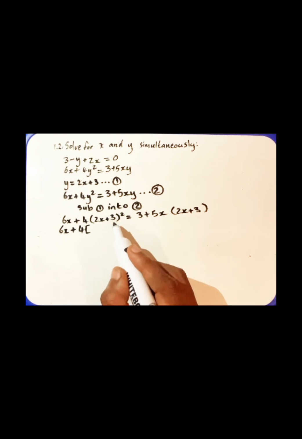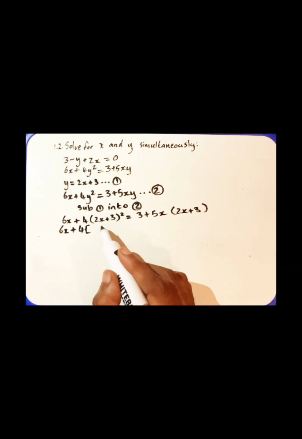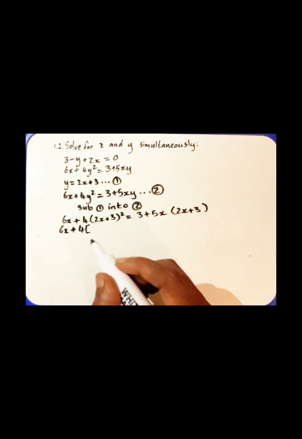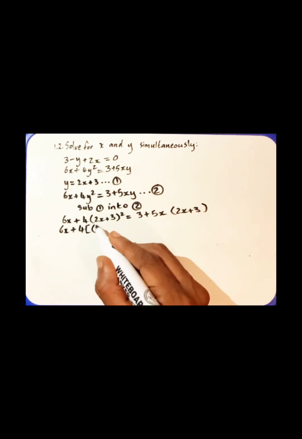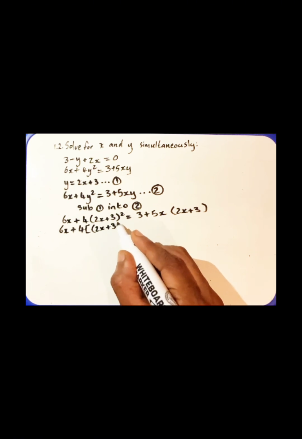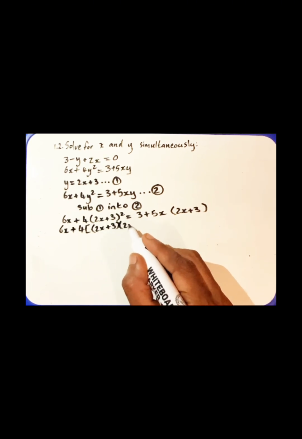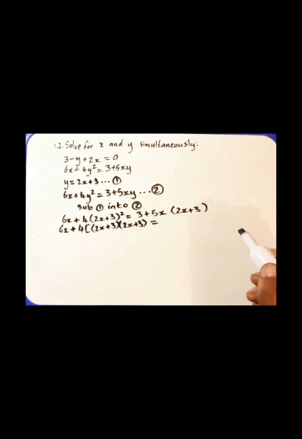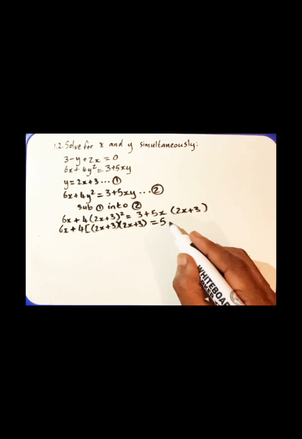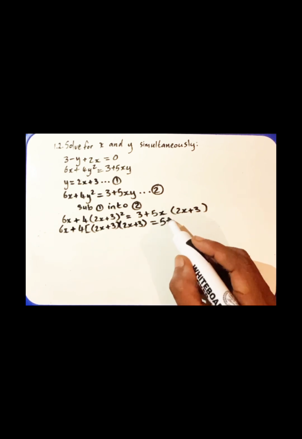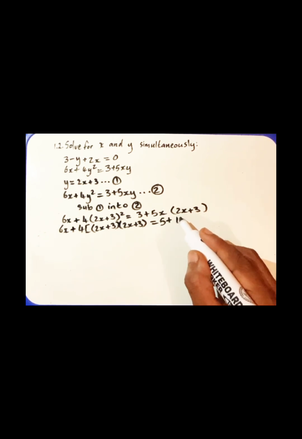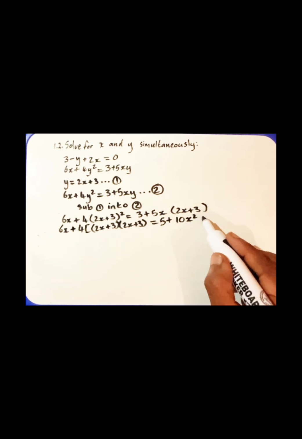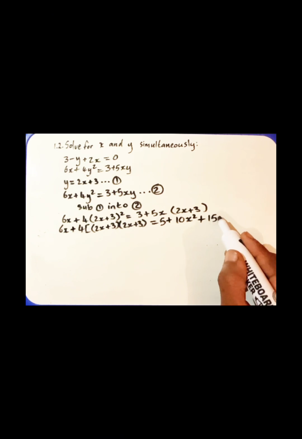Now here you have to expand the brackets and have two brackets which have 2x plus 3 inside. 5x multiplied by 2x will give us 10x squared. 5x multiplied by 3 will give us 15x.